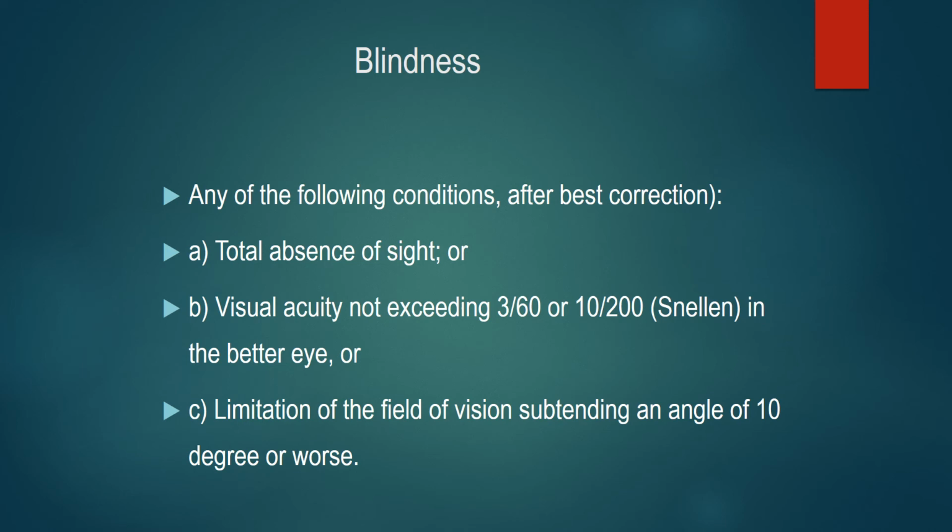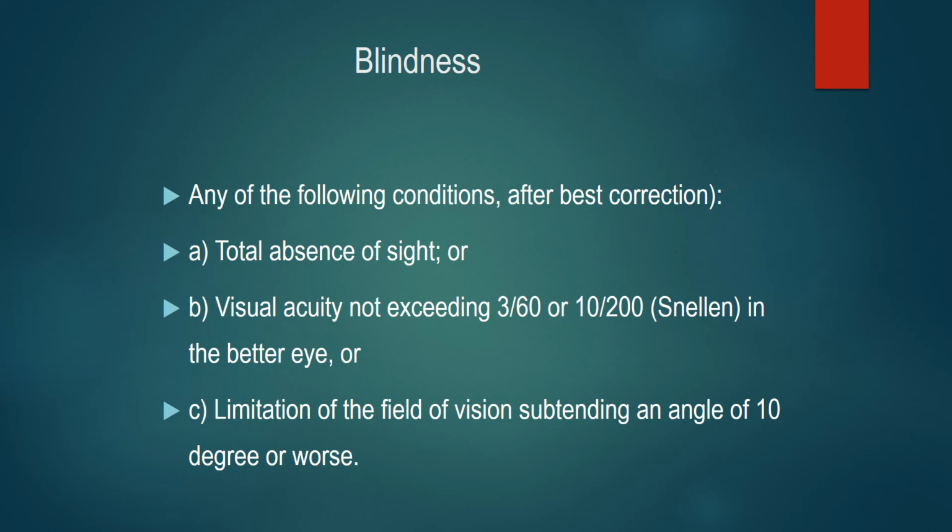And the third condition, limitation of the field of vision subtending an angle of 10 degree or worse. The third condition depends on the field of vision. If a person's field of vision is 10 degree or less than 10 degree, then the person will be blind.